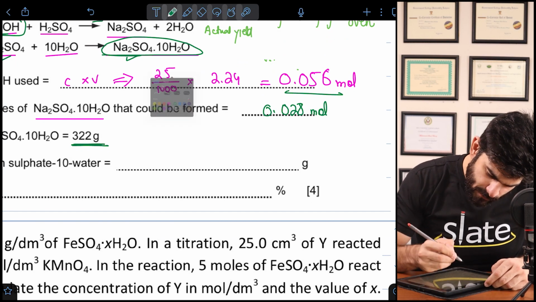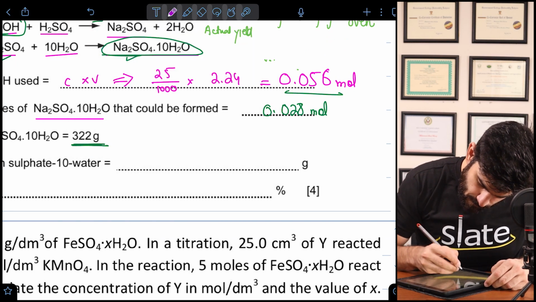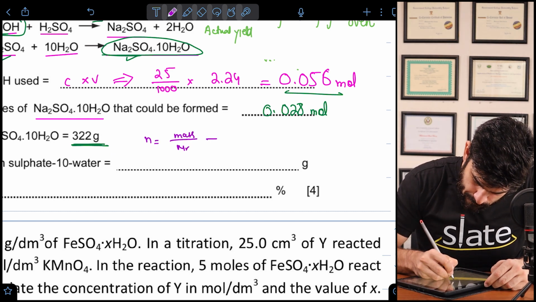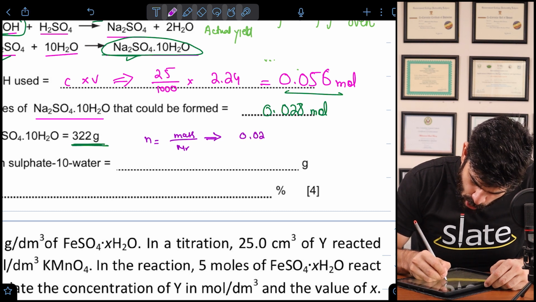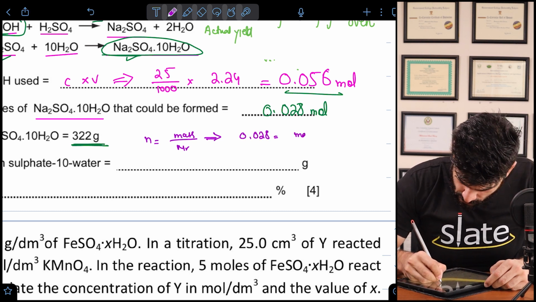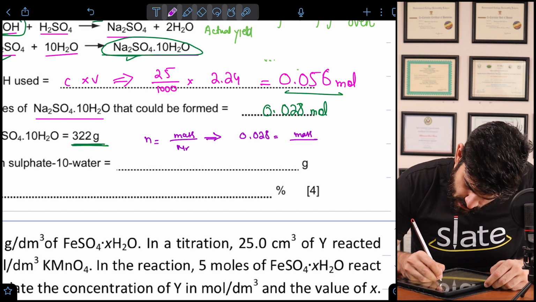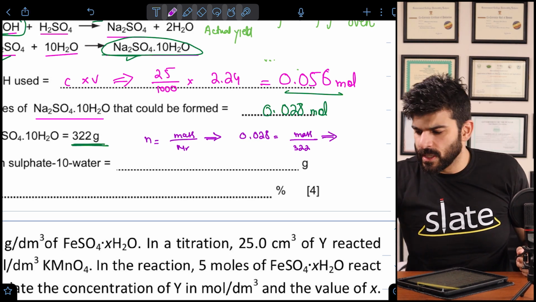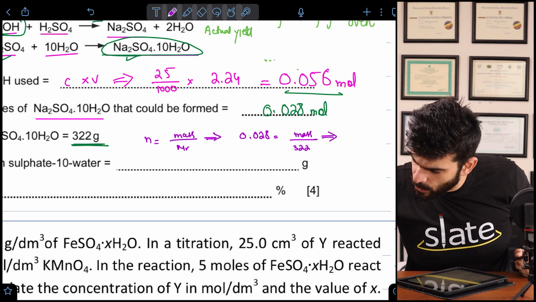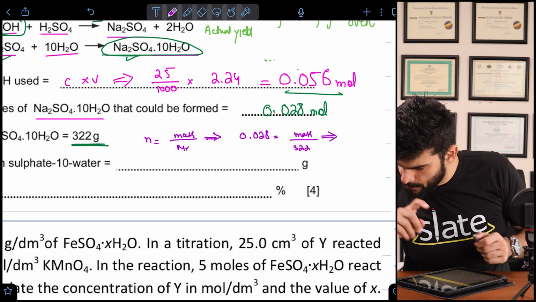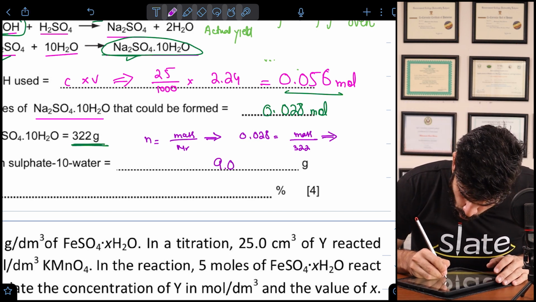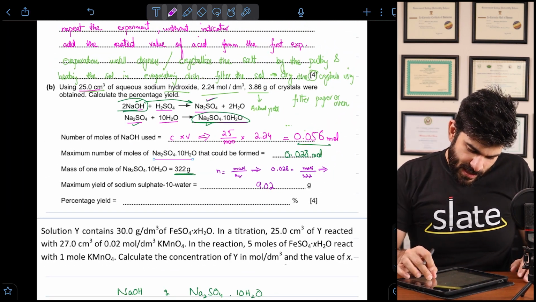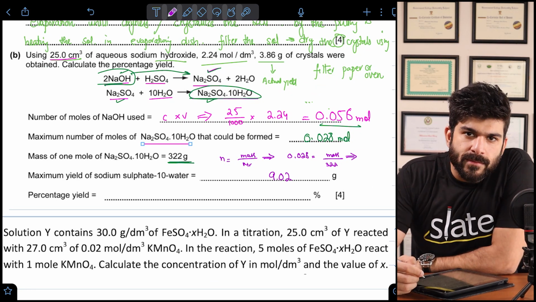We simply use the formula n equals mass over Mr. So moles are 0.028, mass is unknown to us, Mr is 322. Let's multiply 322 with 0.028, and that would be 9.02 grams.